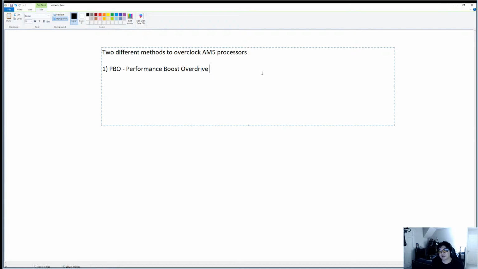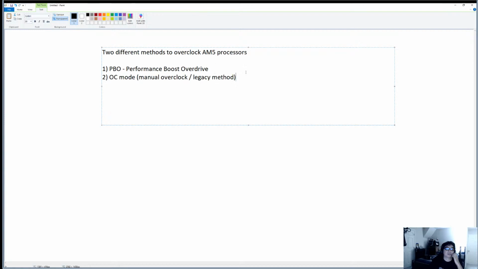Now you still have the I/O die, but in the end there's really two methods, one being PBO and the other one is known as OC mode, which is more of a manual overclock. We'll go so far as to say legacy method.